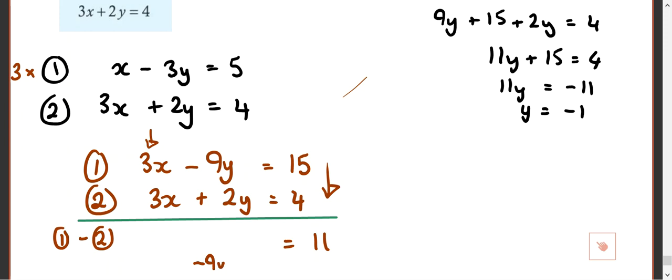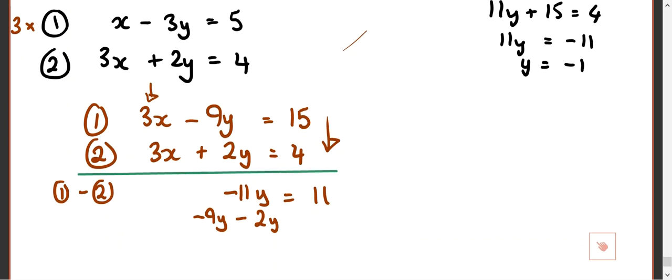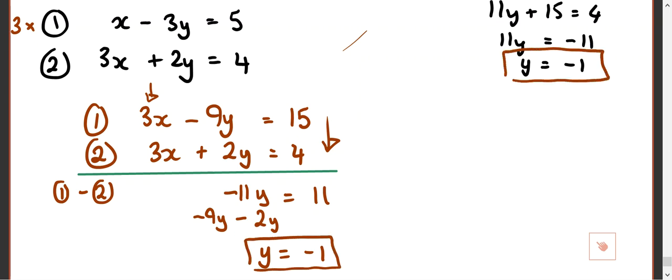Negative 9y subtract positive 2y makes negative 11y. And therefore I end up with y must equal negative 1, which is good news, because that's what I got for the other method. So I get the same answer using elimination.